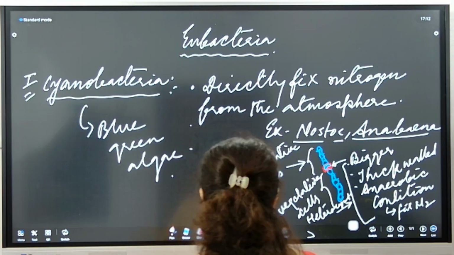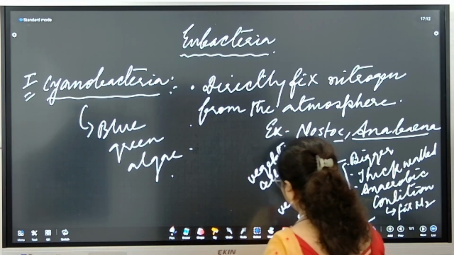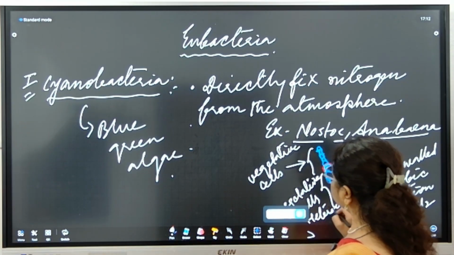So let us write this in a very concise way, reproduction in bacteria.